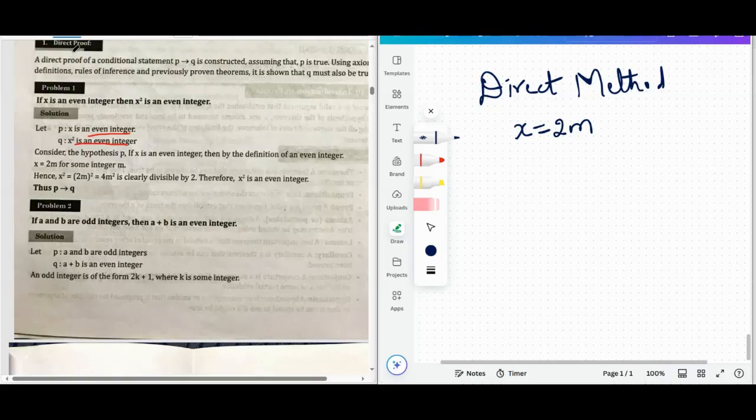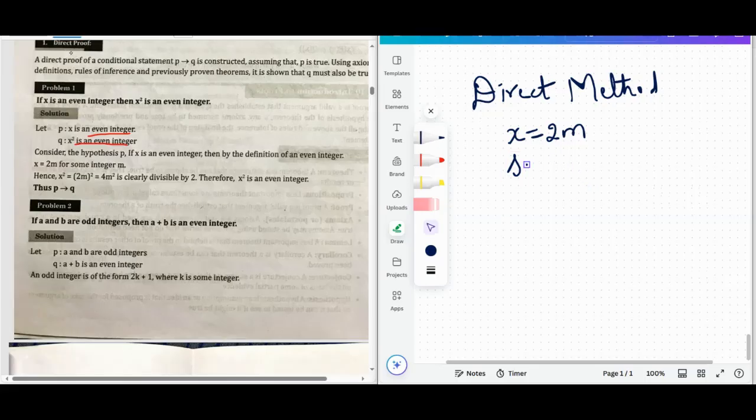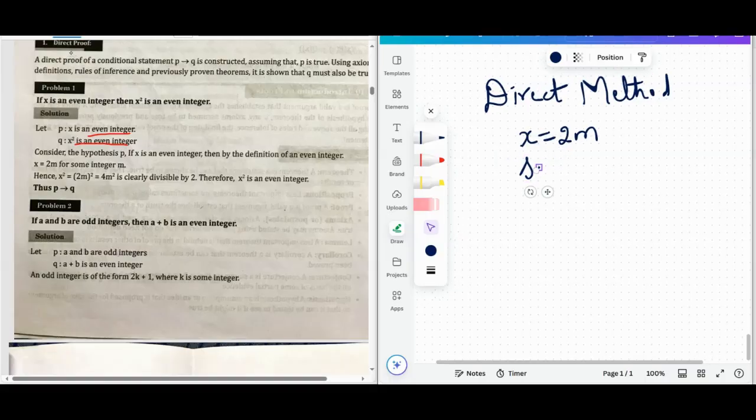Now we have to prove the square. So squaring both the sides, we get x square is equal to 2m whole square.